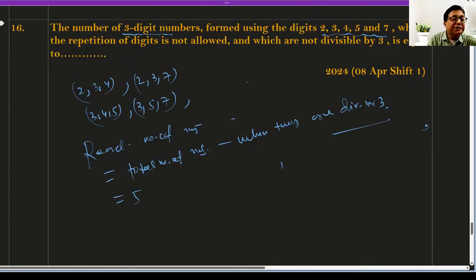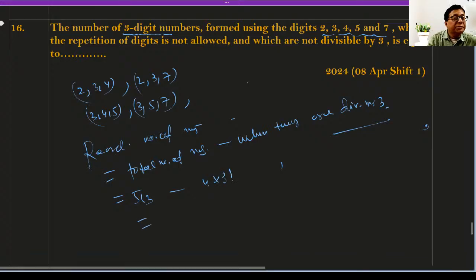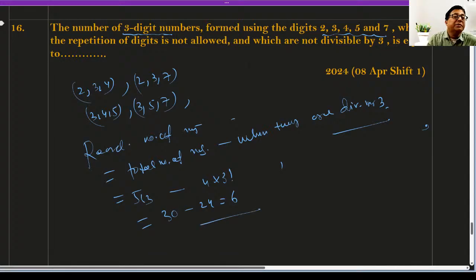5 into 4, 5, 6, 3. When they are divisible by 3, how many cases? Only 6 cases. 5, 6, 3 is factorial 5 by factorial 3.